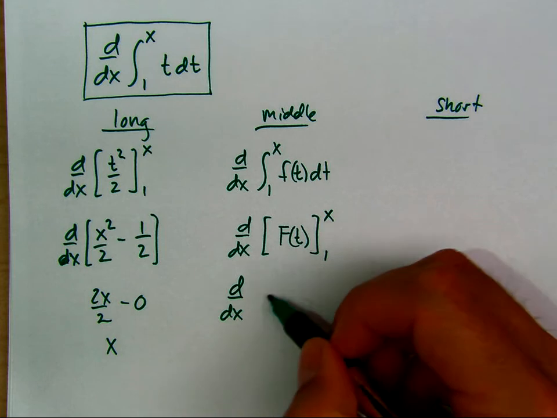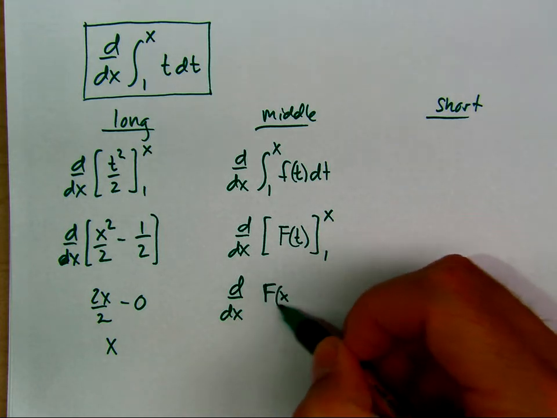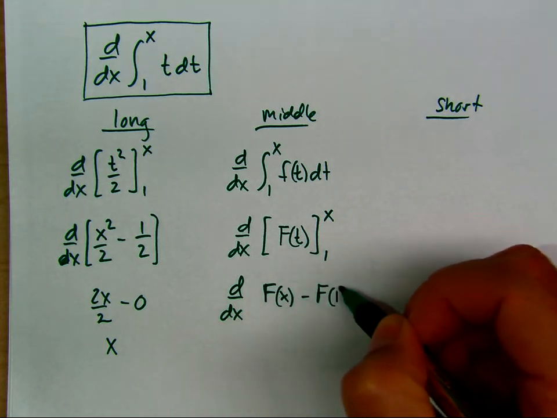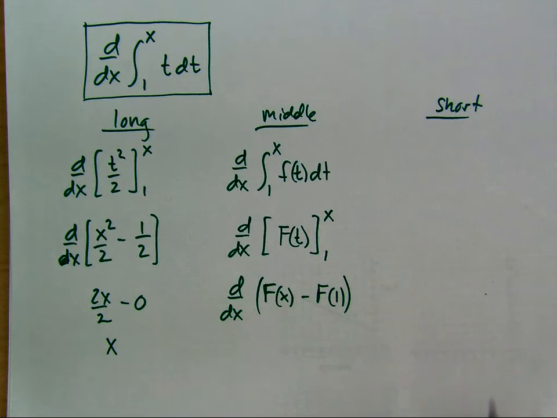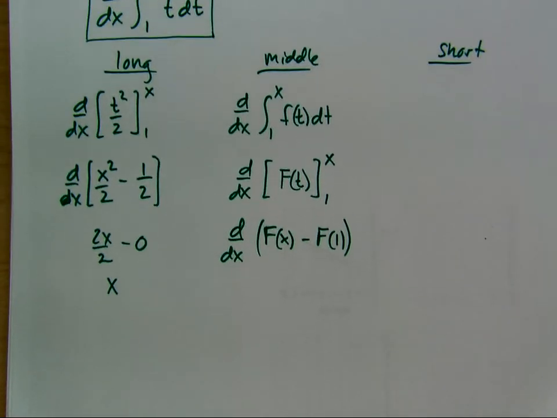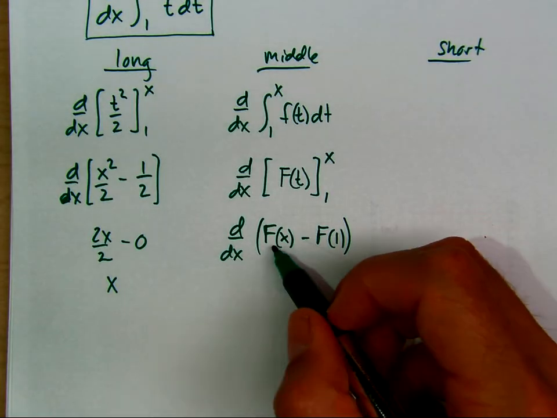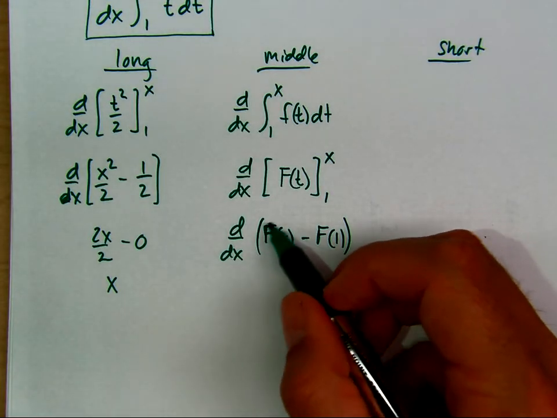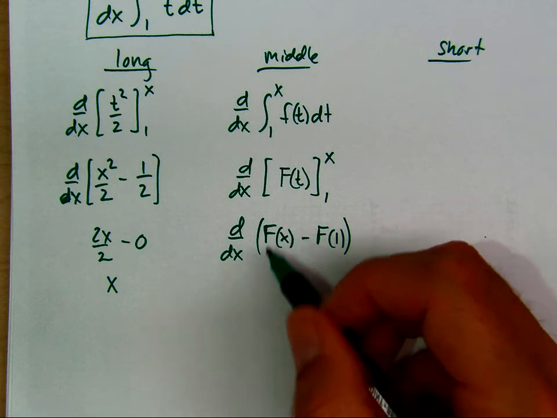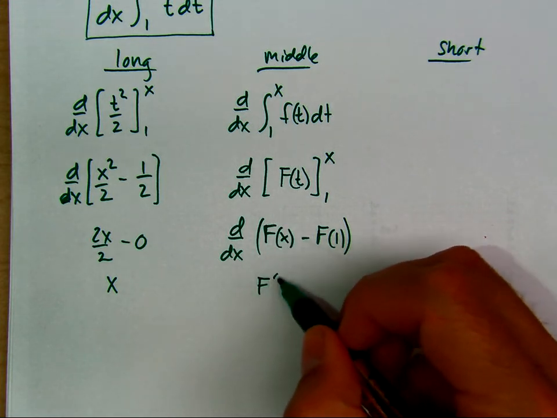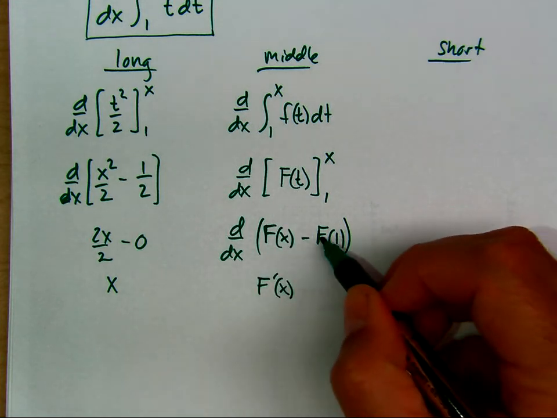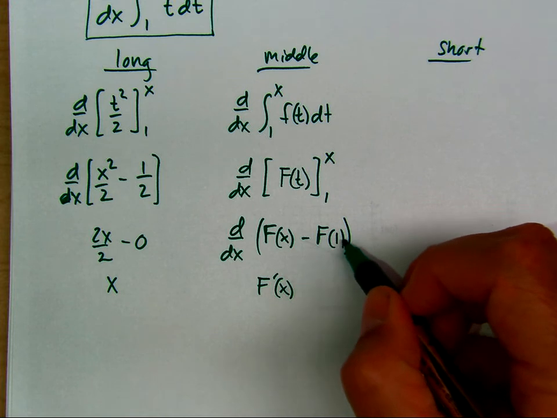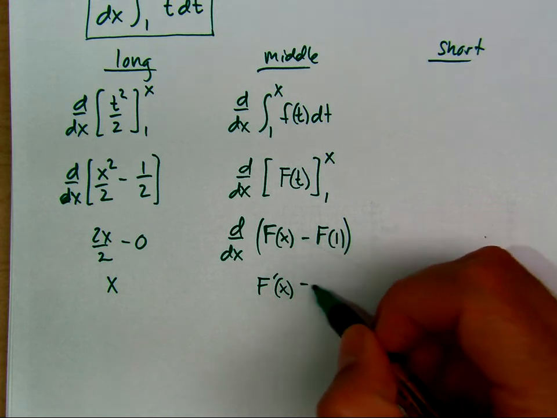So now we substitute, and we'll have capital F of x minus capital F of 1. And we're doing the derivative, so the derivative of capital F, I'll write capital F prime. Capital F of 1 is a constant, so the derivative of that is 0.